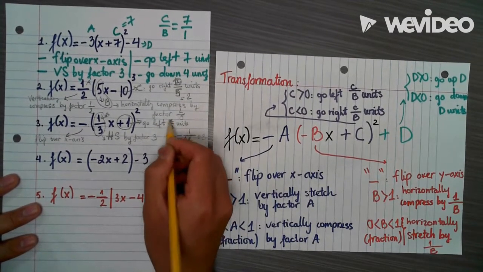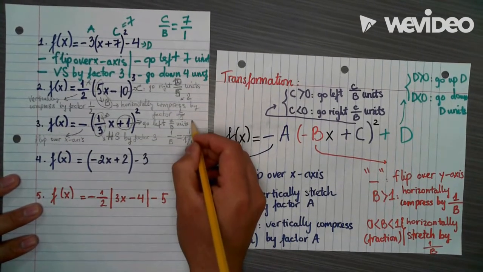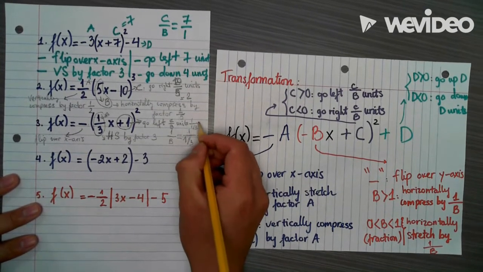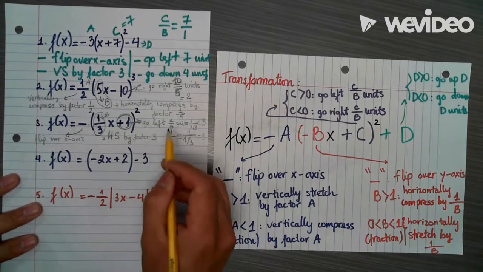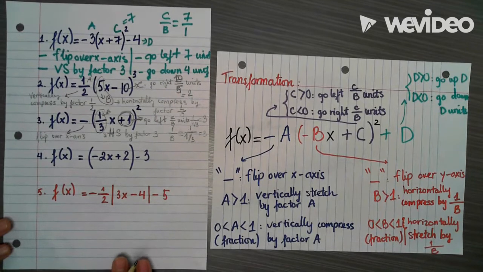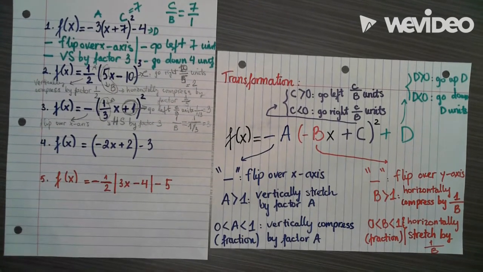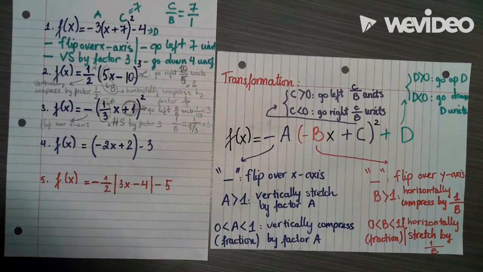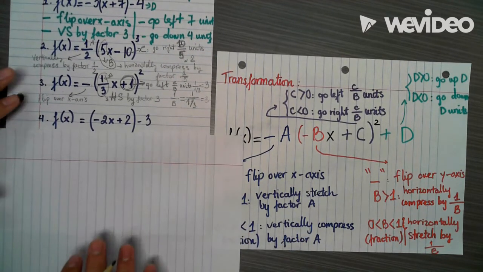Look, my C is 1. My B is 1/3. So C over B is 1 divided by 1/3. It would be 3. So this guy here goes left 3 units. All right. Hopefully you can see it. Let me get another one so you can see it bigger. Here, let's do it this way.